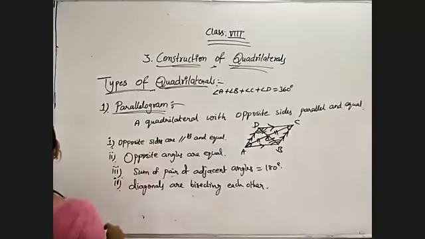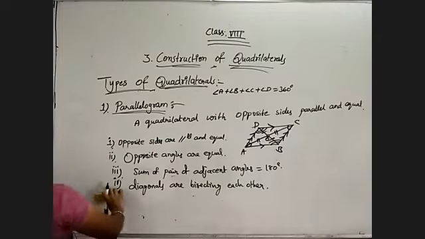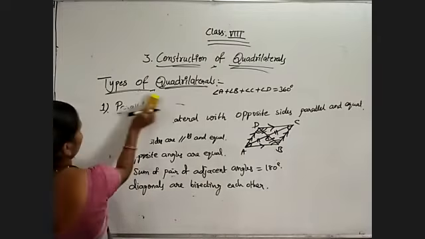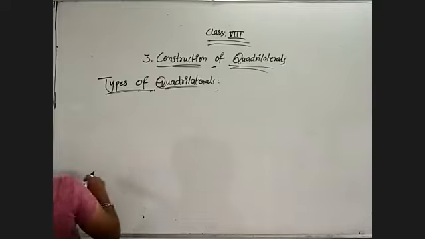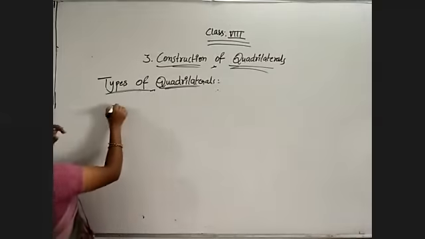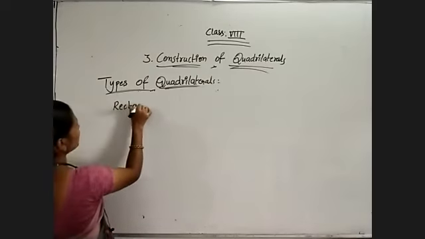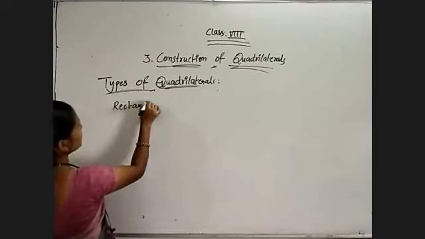Now coming to the second case, rectangle. The second type of quadrilateral is a rectangle. So in this rectangle, first of all I am drawing the rectangle figure.